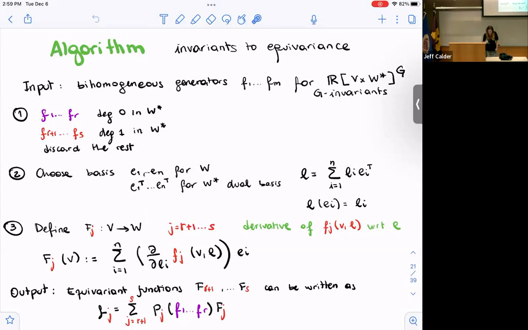So we consider the polynomial generators of my algebra of invariants, and then we take the polynomials that are degree 0 in W star and the polynomials that are degree 1 in W star, and these are the ones that are going to show up in the parametrization.